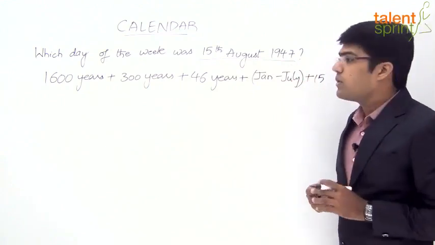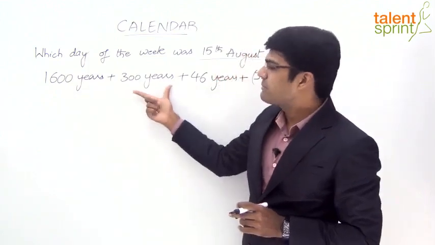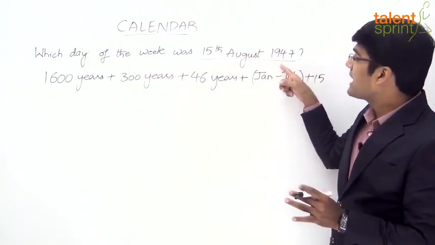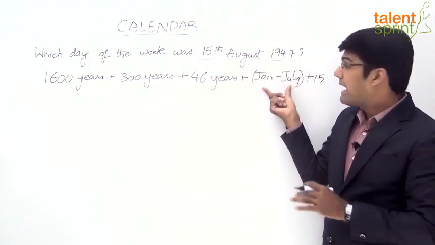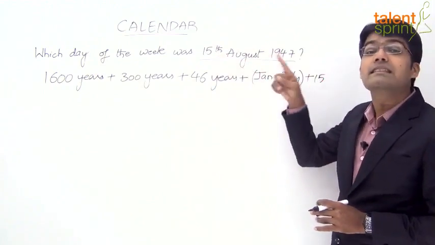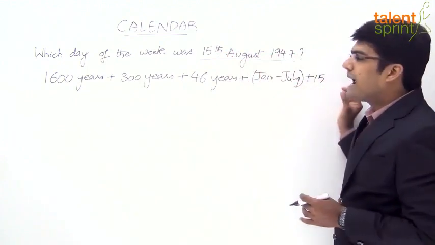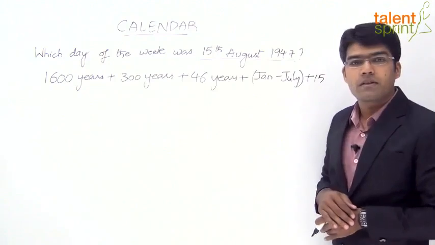So if you observe, overall we have 15th August 1947 as 1600 plus 300 plus 46, that is 1946 years. Then in the 1947th year, we are considering the months from January to July, and then the next month is August, where we need to take up the 15th day. So by adding all these, we get this date, 15th August 1947.